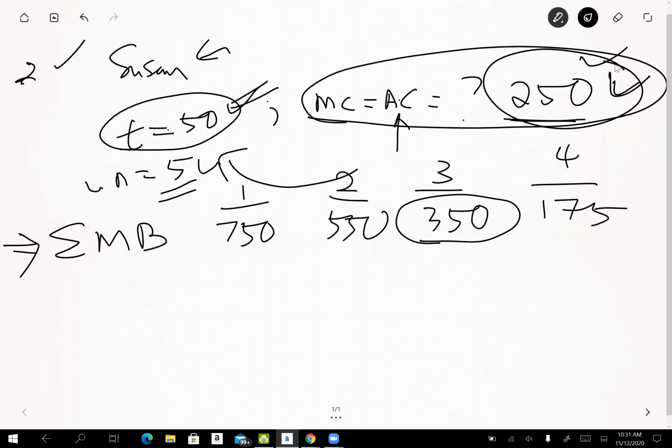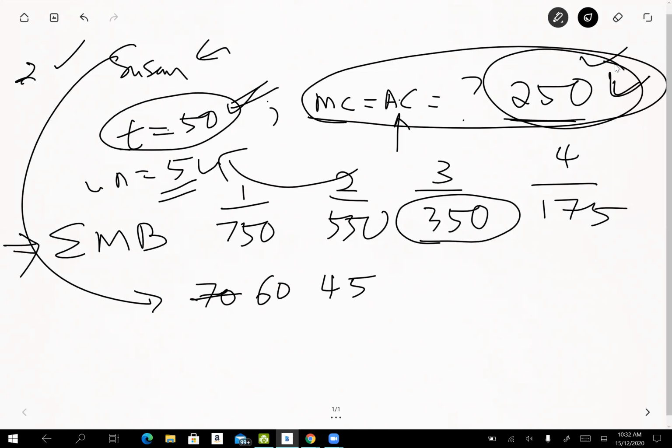For Q equal to 1, let's say it becomes 70. For Q equal to 2, then it becomes 60. And then 2 will be 45. Okay, Q equal to 3, 20. And then 4, it doesn't matter, 0.